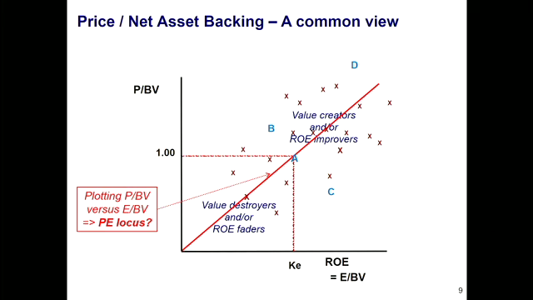So we try to gauge how much you have to pay for how much earnings you receive for every $1 of book value investment in the company. So if we plot price to book value versus return on equity, or earnings over book value of equity, we're going to have this nice trend line here.